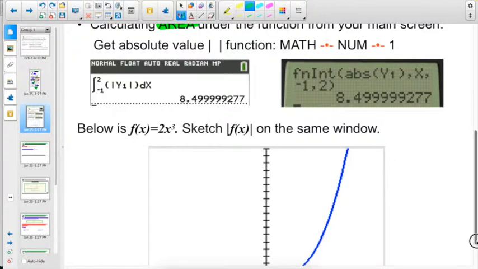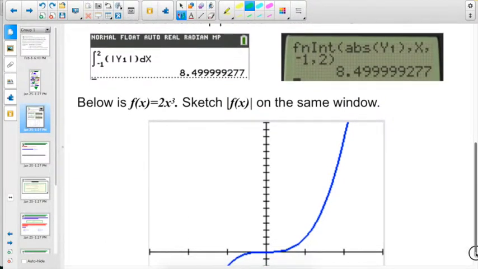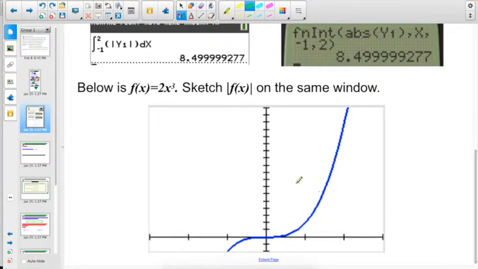So when we're talking about doing an area calculation, we're really saying let's take the absolute value of the function 2x cubed. And so here is the function 2x cubed. What does the absolute value of that look like?